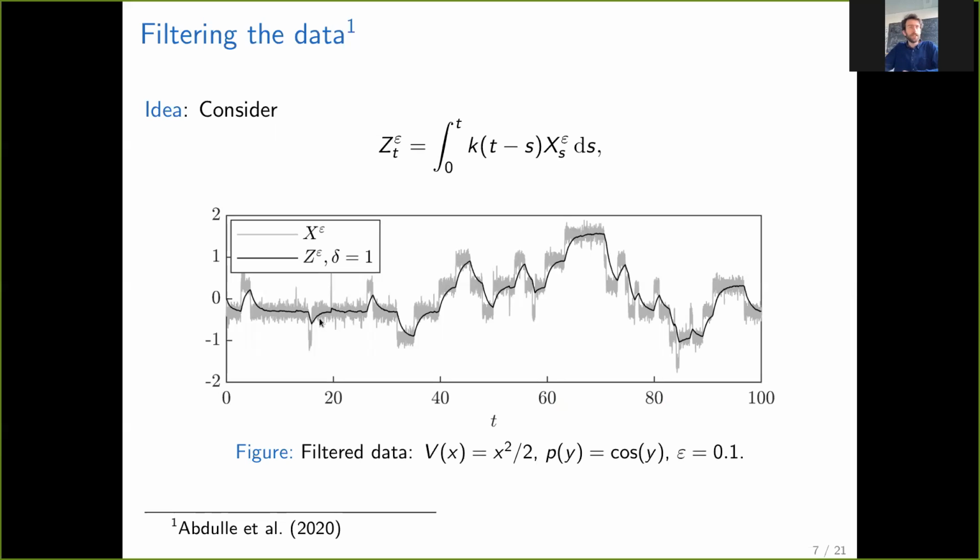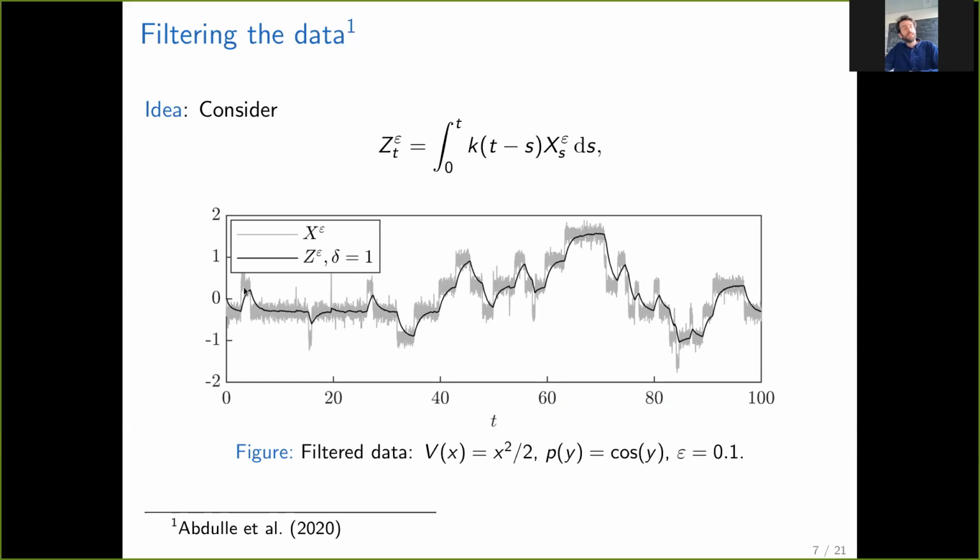It's pretty clear. You have in gray a trajectory coming from the multiscale process given by V(x) = x squared over 2, the usual sinusoidal fast scale potential, and epsilon 0.1. We see that the multiscale process jumps from one local minimum to the other and oscillates around these minima.